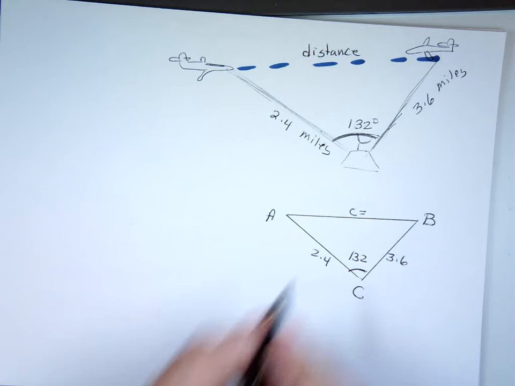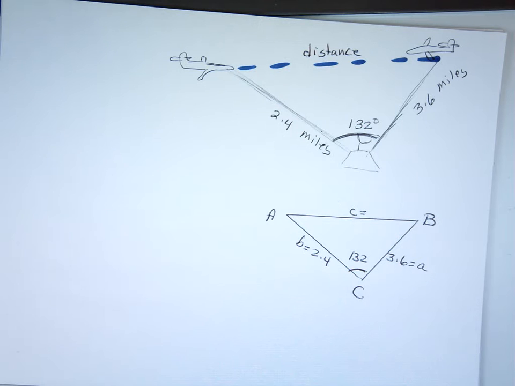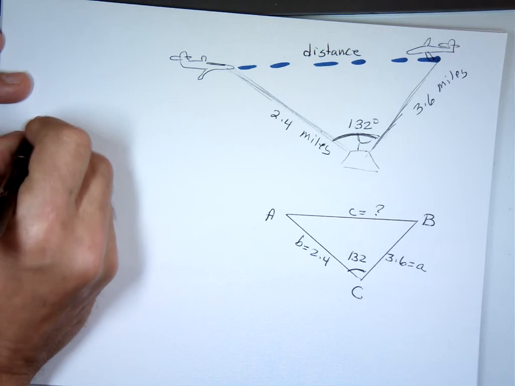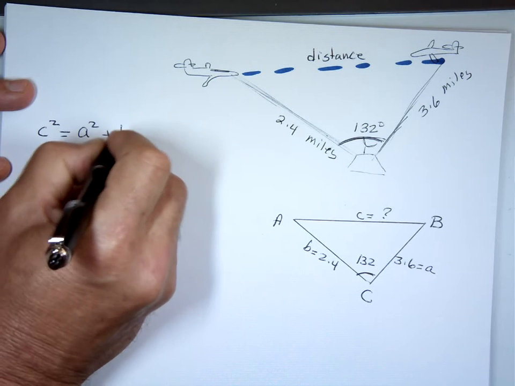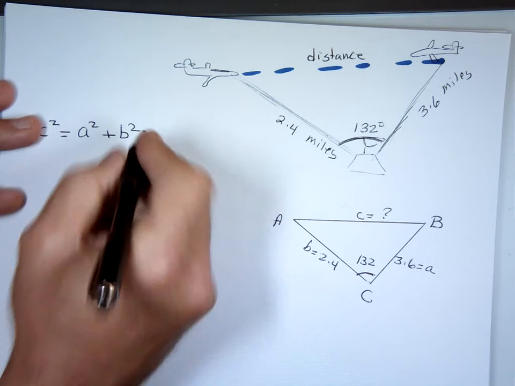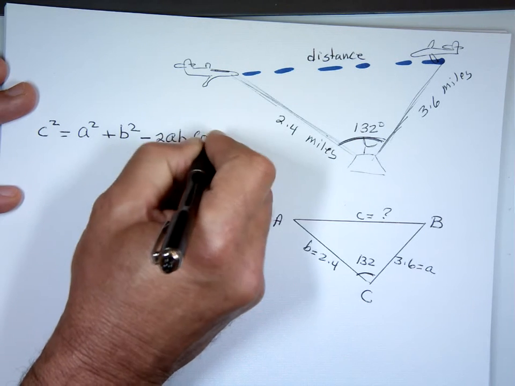This is side B. This is side A. I'm looking for C. The law of cosines says C squared equals A squared plus B squared, just like before, but now you're going to subtract from it 2 times A times B times cosine C.